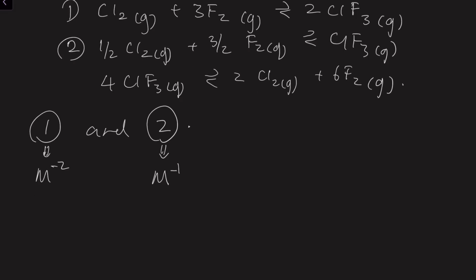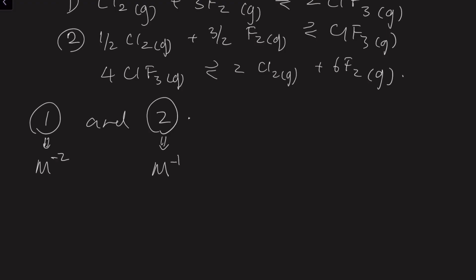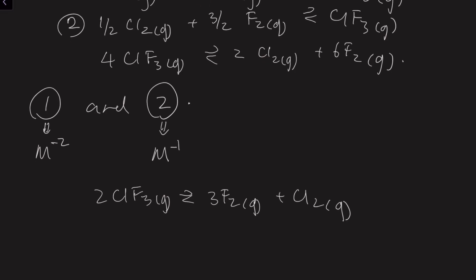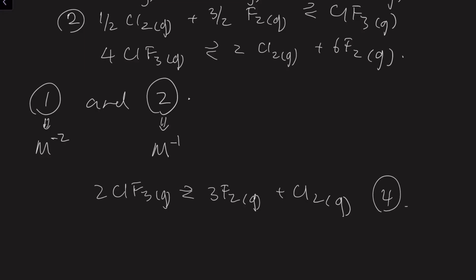So as you can see, although we are just changing this reaction slightly, we actually have a different unit of Kc. Maybe I will write one more equation. This is equation 4.